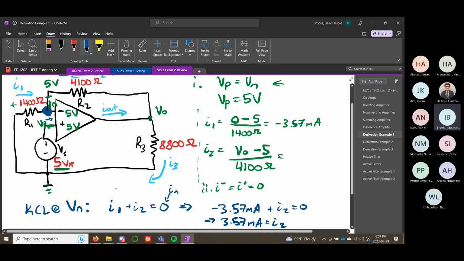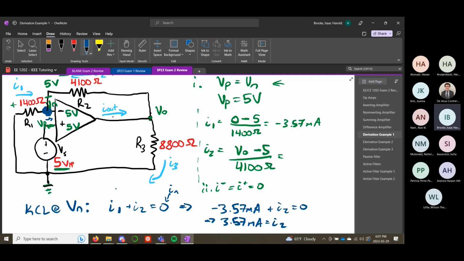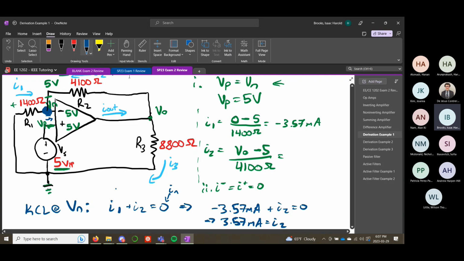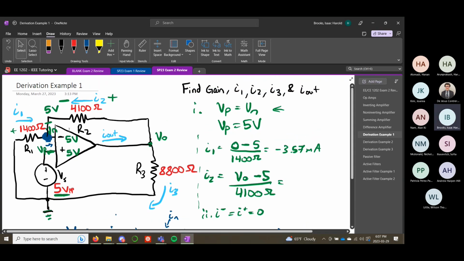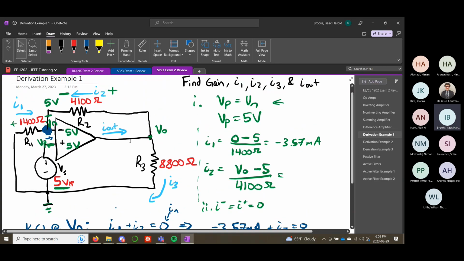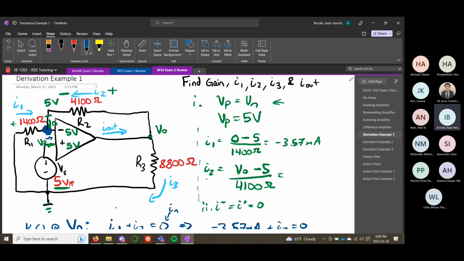Okay, so now we've solved for I1 and I2. What we need now is V out, so we can get the gain, and I3. But one of those is going to help with the other. We know the current flowing through R2, and we know the resistance value, so we can solve for the voltage across it. Using this equation for I2, we know what I2 is, but we need to solve for V out.